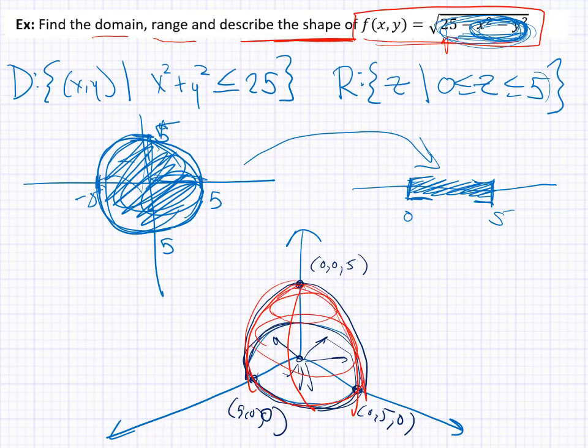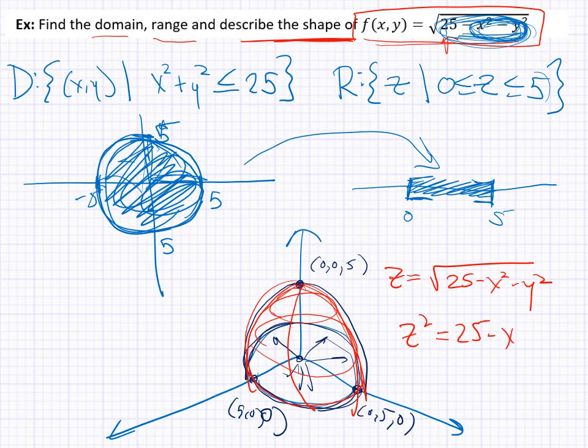And what you have is the upper hemisphere of a sphere. Which shouldn't be that unusual for you to look at, because if I replace the f of x, y with a z, and I have z equals the square root of 25 minus x squared minus y squared, and I square both sides, I get z squared equals 25 minus x squared minus y squared. Then I add the x squared and y squared to the other side, and I get x squared plus y squared plus z squared equals 25.